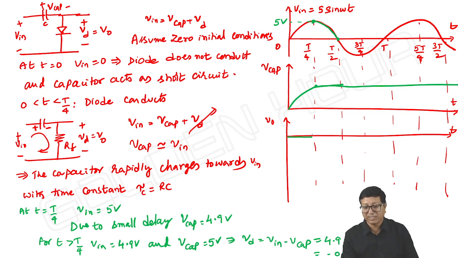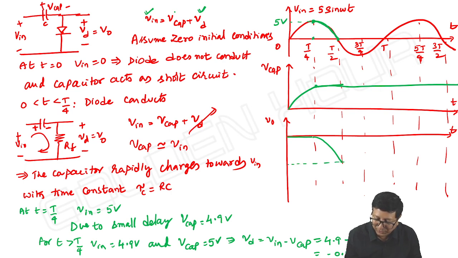You see our KVL, V input is equal to V capacitor plus VD, and capacitor voltage is fixed at 5. Whatever variations you have across input, all those variations can be seen across the diode only, or the diode voltage. The input's shape you can see across the diode. So from T by 4 to T by 2, input is falling by 5 volt and V output also falls by 5 volt.